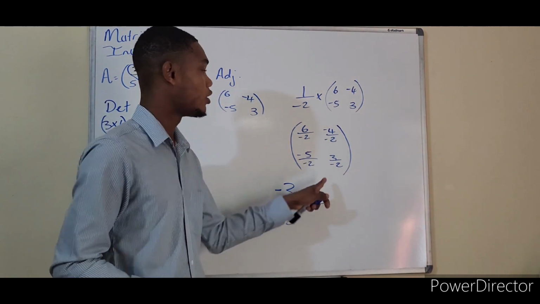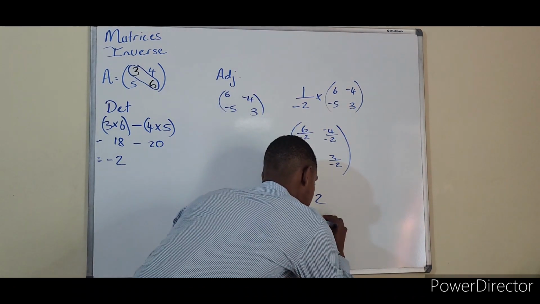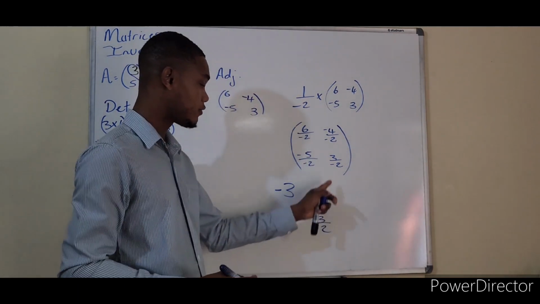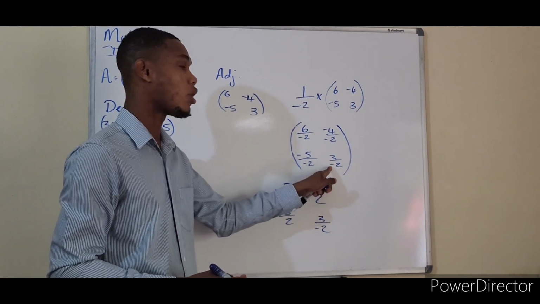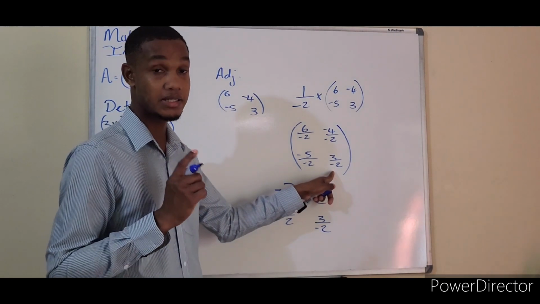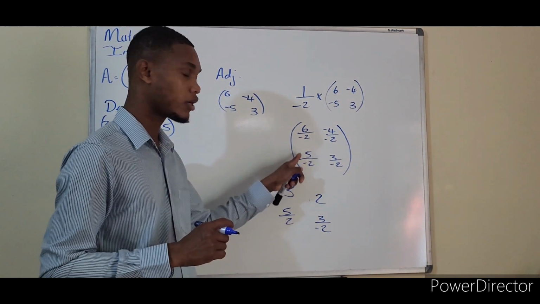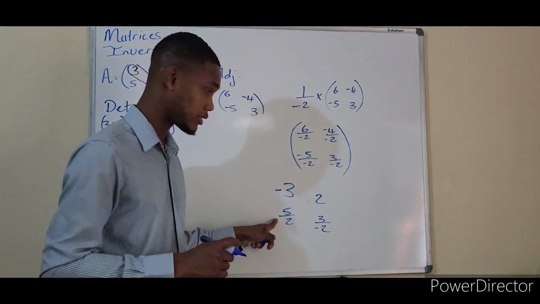You don't need a decimal, so you can keep it as a fraction and write it back. So 3 over negative 2. The reason you keep this as negative 2, whereas you dropped it here, was because this is positive 3. So once you only have one term in a fraction that's negative, your final answer will be negative. But if you have two terms of the same fraction as negative, your final answer will be positive.